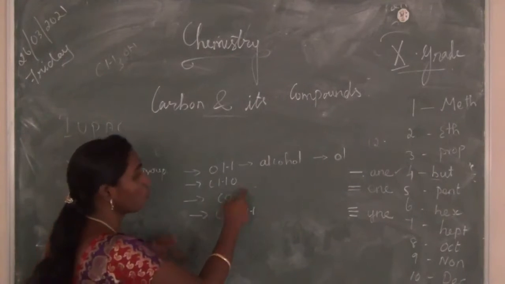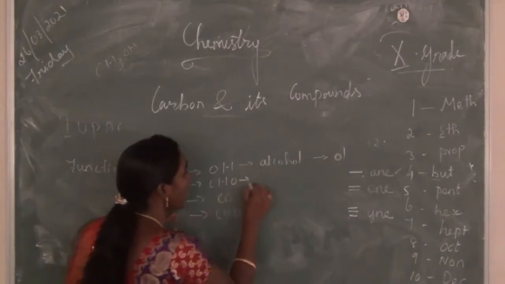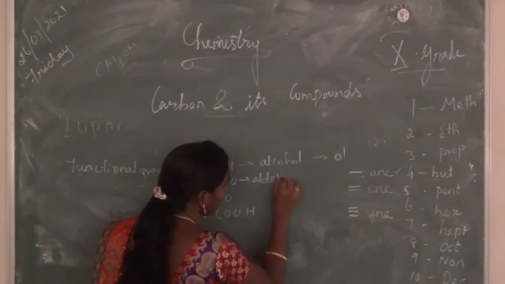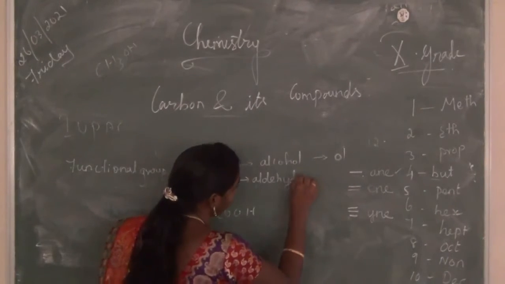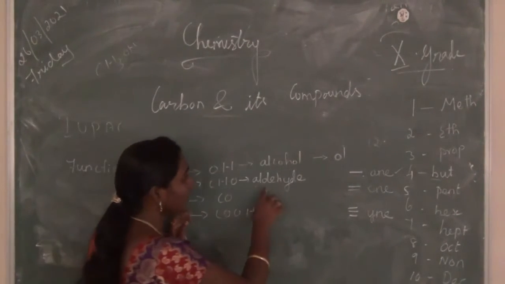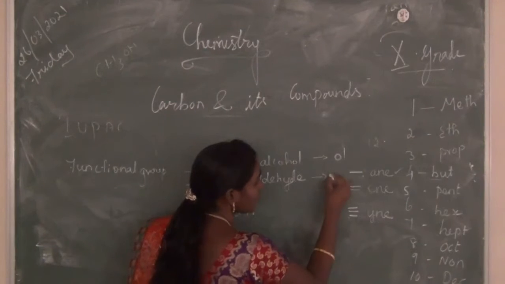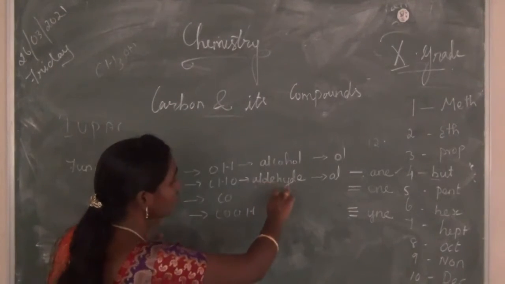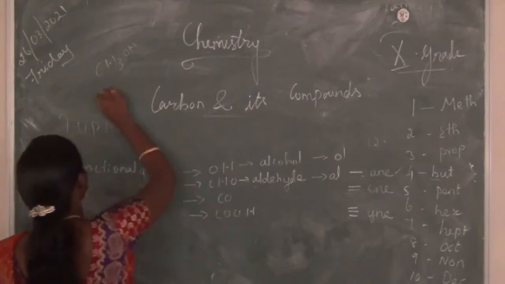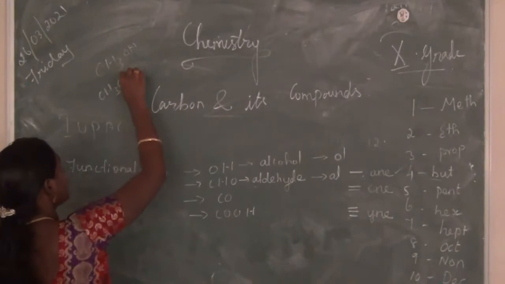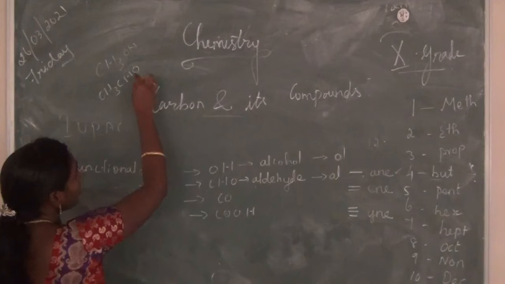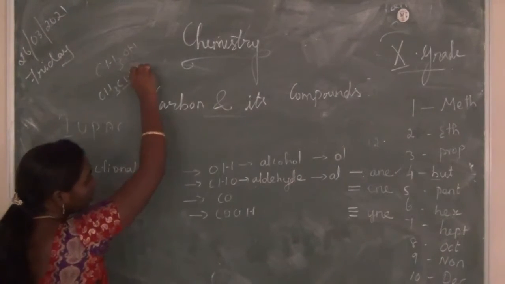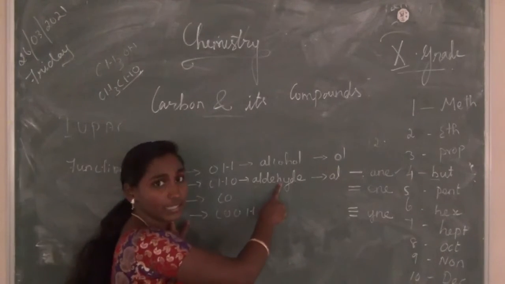And CHO means that is aldehyde. If aldehyde is there, we can use the suffix word Al. Example: CH3CHO. Here the functional group is CHO, which is an aldehyde.